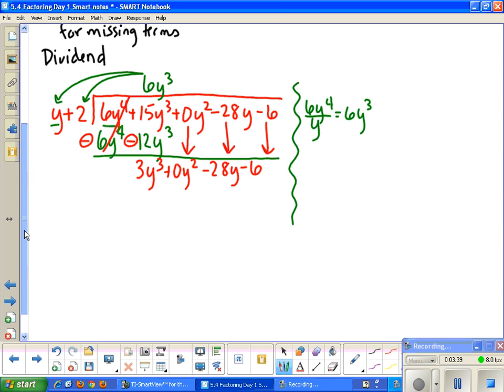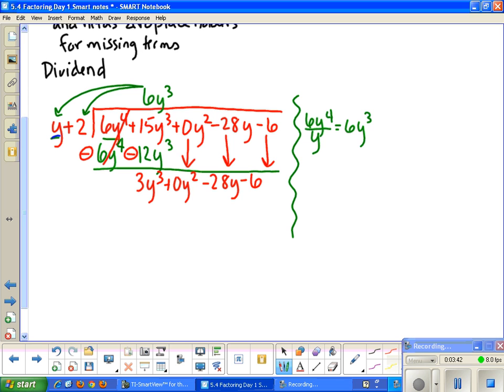So for this next part, I say, how many times does y go into 3y cubed? So I'm going to do my math off to the side. And I get 3y squared. So then I line up the 3y squared with the terms. It's positive, so plus 3y squared goes there. And then now I'm going to take that 3y squared and it gets multiplied by the y.